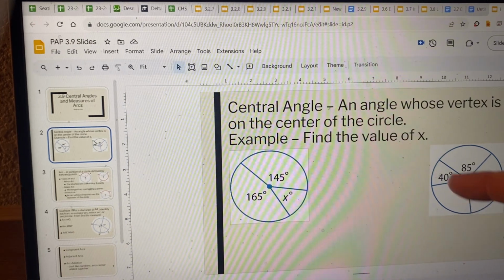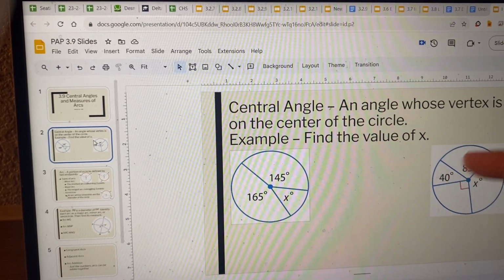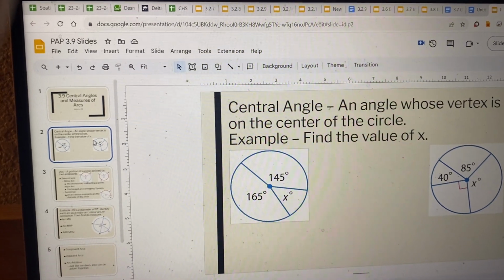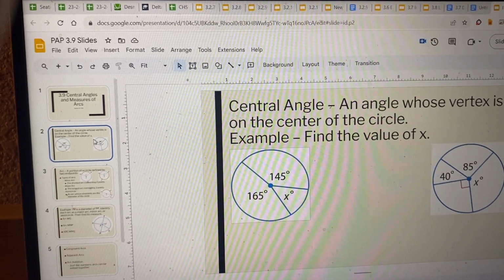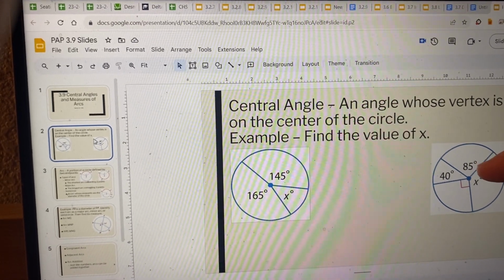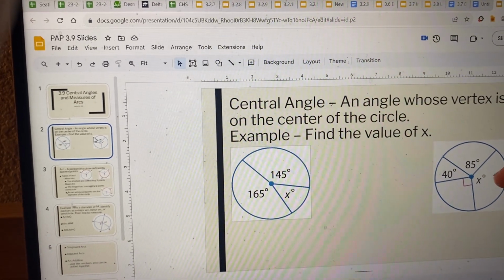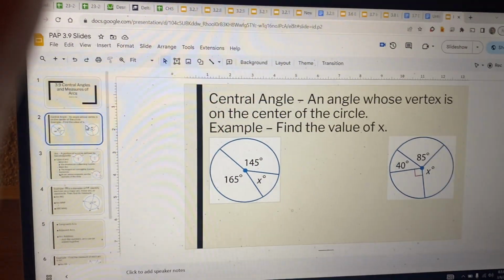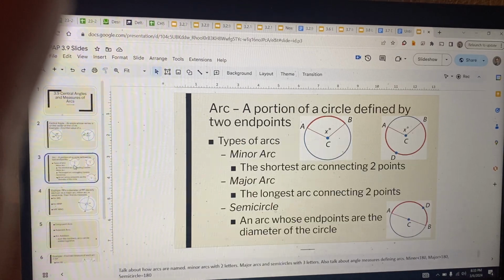Over here, 90 plus 40 is 130. 140 plus 85 would give us 225. So 360 minus 225 should be 135 degrees for this one. So with all central angles, just remember the circle adds up to 360.